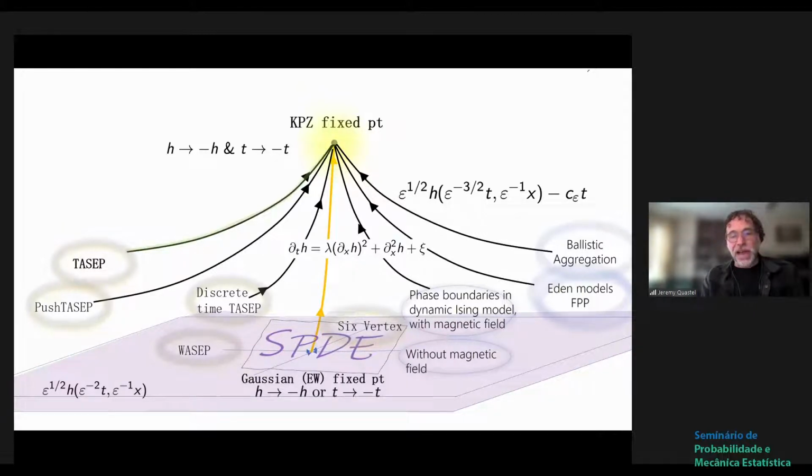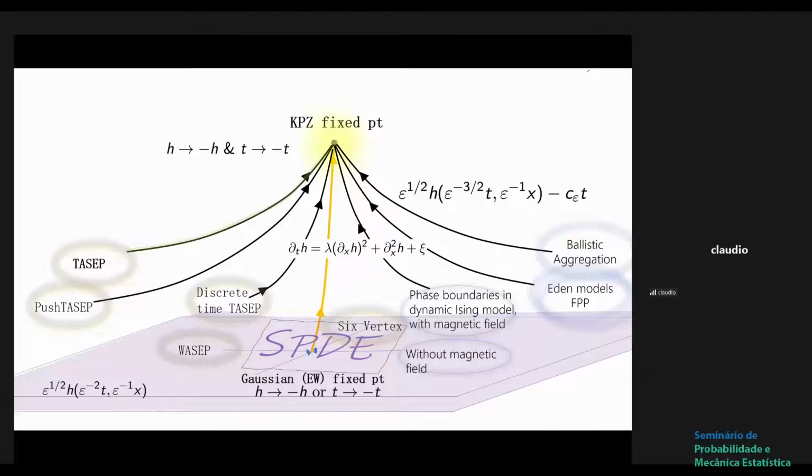And there's also the ballistic aggregate. So on the right, I've written models which we dream of, and on the left, I've written some models which we actually can deal with. All these models are supposed to rescale under this 1, 2, 3 KPZ rescaling to a universal fixed point.